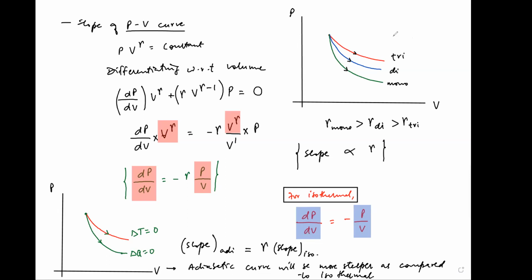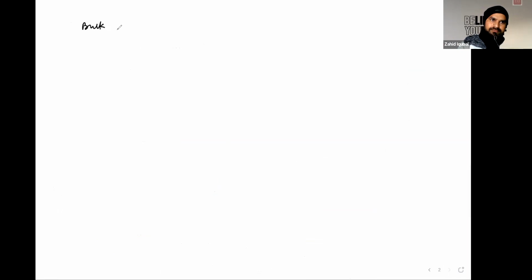Done, sir. Next, related to this curve, we have to calculate the bulk modulus. Bulk modulus beta equals minus dP by dV multiplied by V. For the adiabatic process, dP by dV is minus gamma times P by V. So minus and minus become plus P by V. V and V will cancel out.